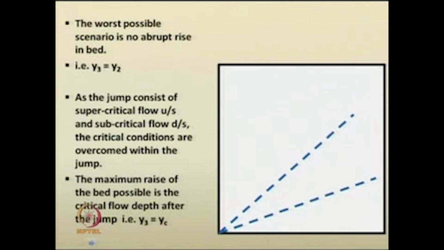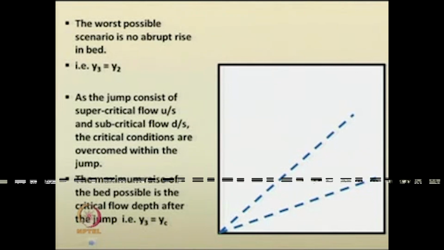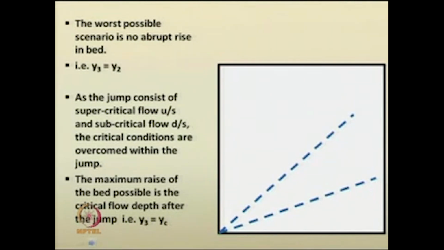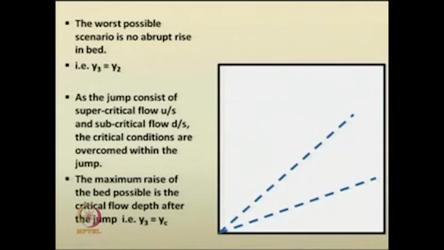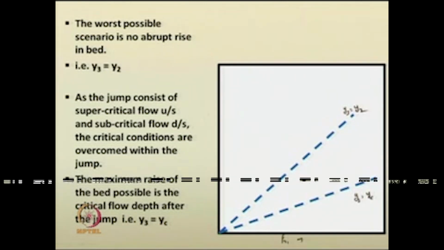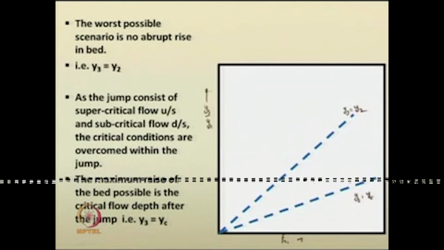So, the worst possible scenario in the case of abrupt rise in bed is y3 is equal to y2, that is there is no elevation in the bed. Now, as the jump comes, so this is the y3 is equal to y2 curve, and as said earlier y3 is equal to yc curve. These are Froude numbers and y3 by y1 on this axis.